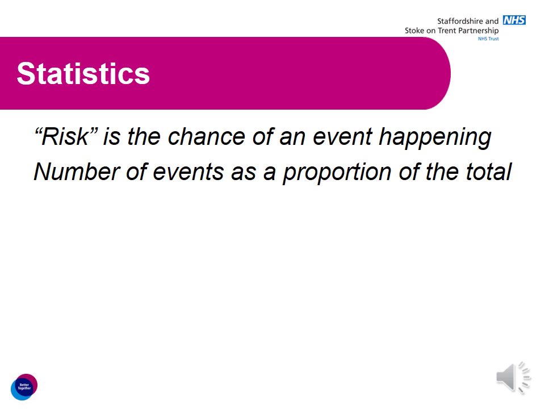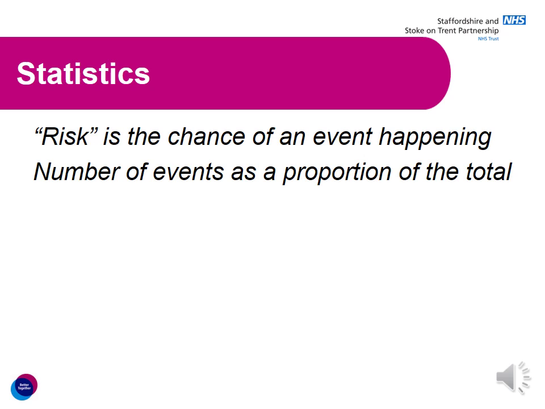So let's keep that example in mind, and let's think about risk. When we talk about risk in statistics, the risk of something happening is a similar word as just the chance of an event happening. And it's calculated as the number of events as a proportion of the total in the group. So when we talk about risk, we might talk about risk in everyday language, like what's the risk of you being run over by a bus, for example.